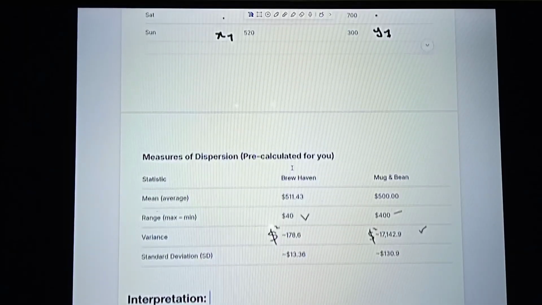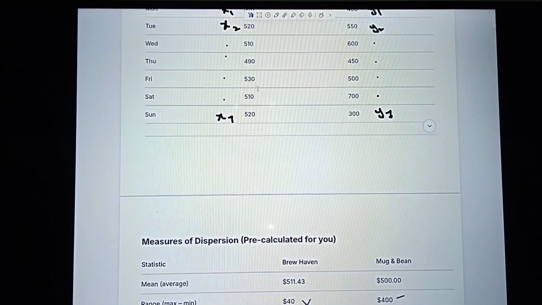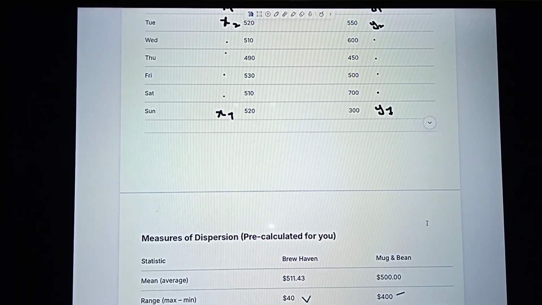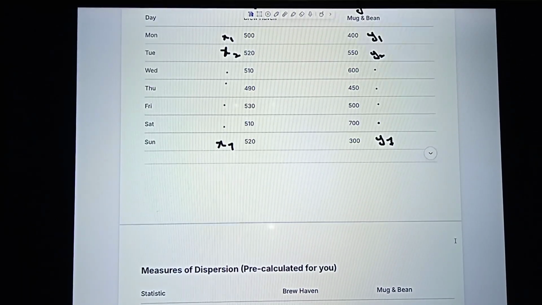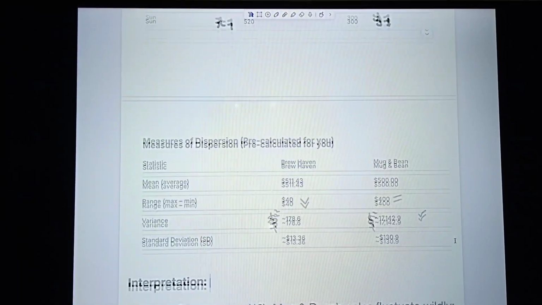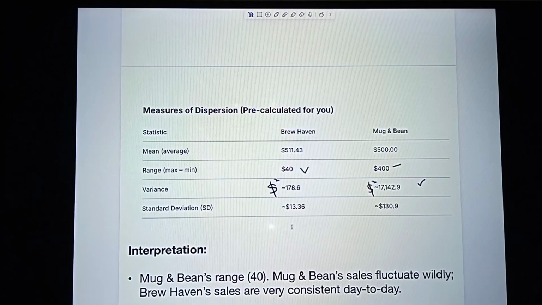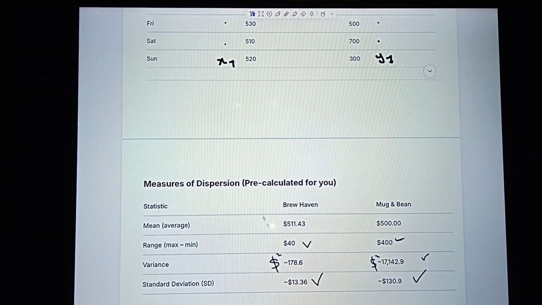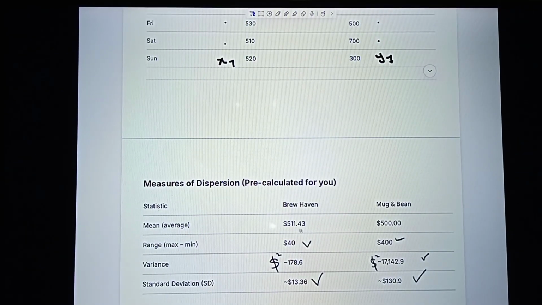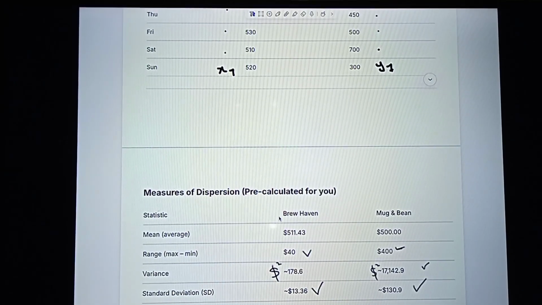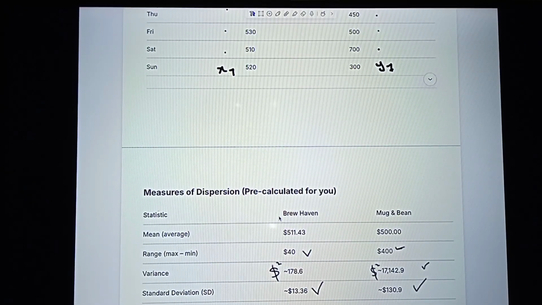Similarly, range is calculated from this data for Breve Haven and from this data for Mug and Bean. Similarly, variance and standard deviation are calculated. So let's interpret these measures. You have to calculate them using formulas, which were discussed in the previous lecture.